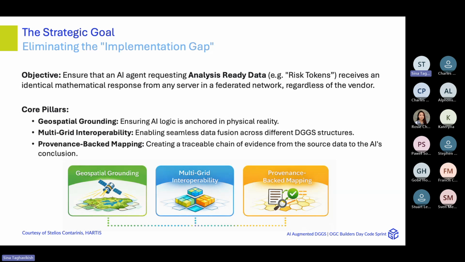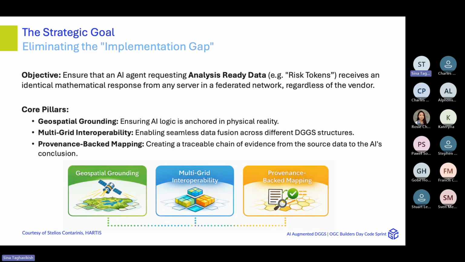Even if your queries are similar, you should get very similar answers. And that should be in a federated network regardless of the vendor. Regardless of vendor is also another important part. We should not rely on Esri's or ArcGIS's of the world to always provide these services. So we have to have this sorted out.